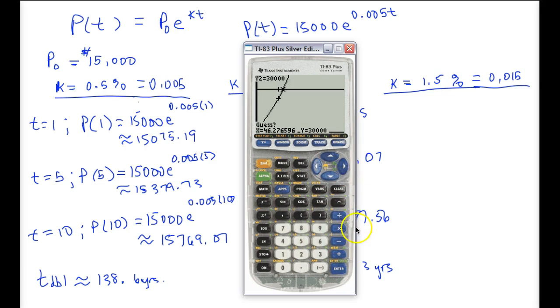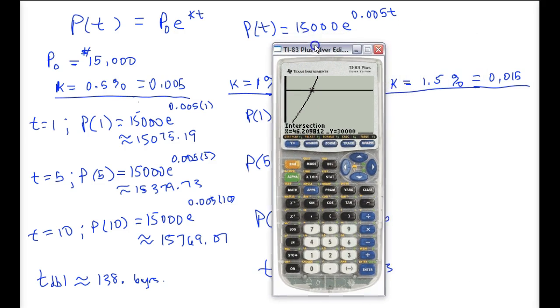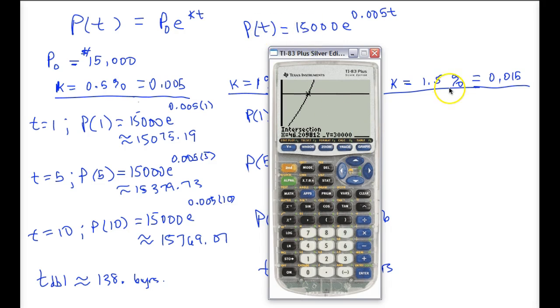Then we go here to figure out the guess for the intersection. So now it's there. And so here, 46.2 is about how long it would take our money to double if we had it in an account that was earning 1.5% interest compounded continuously.